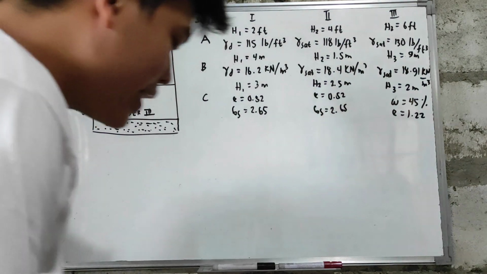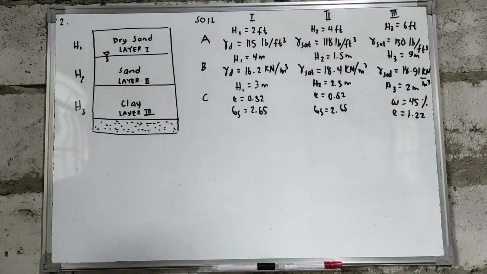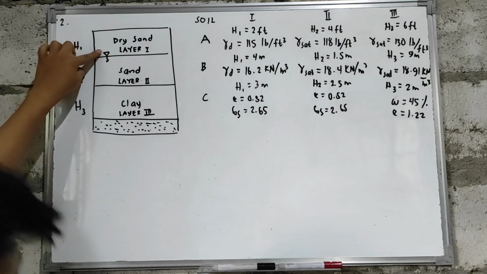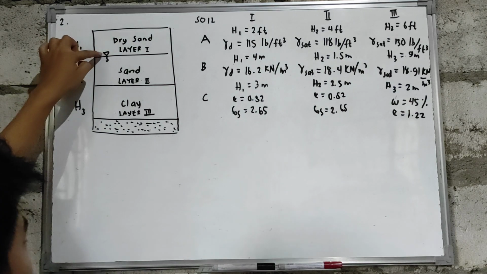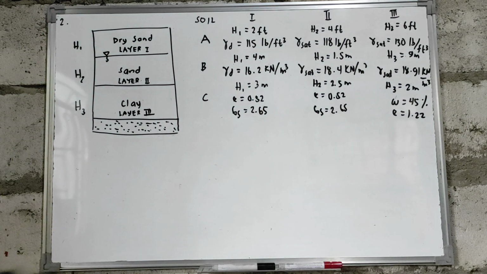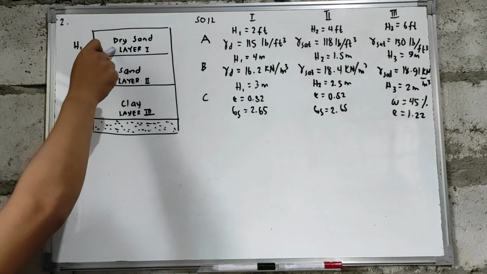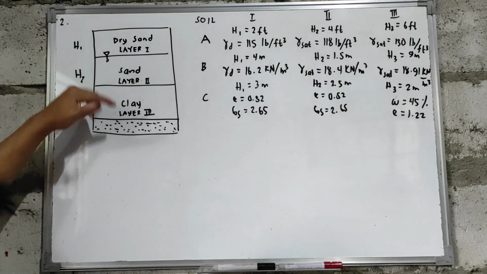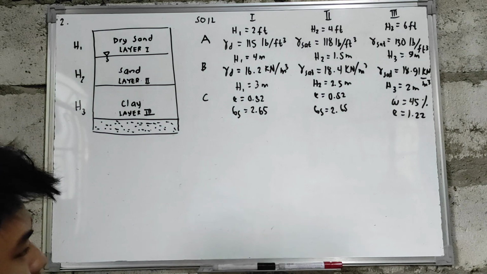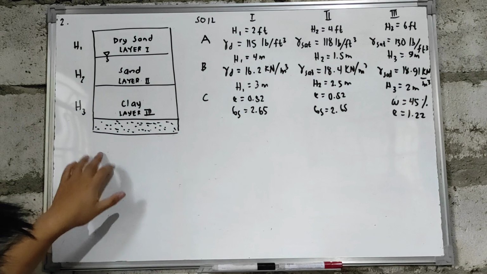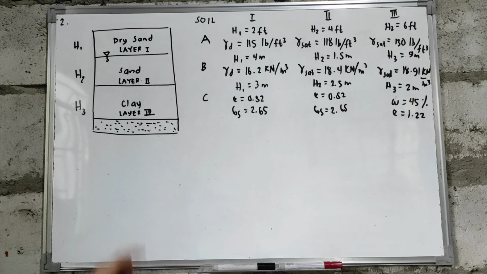So kung titingnan natin dito sa figure, ito yung location ng groundwater table natin. So in this part, from this point, pababa, magiging saturated yung lupa natin. And of course, meron tayong bedrock dito.